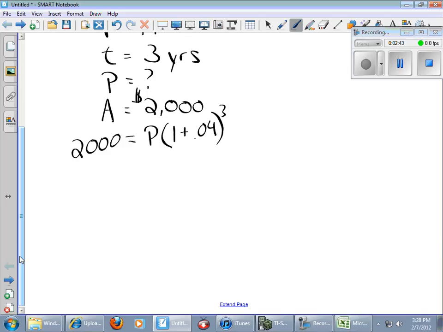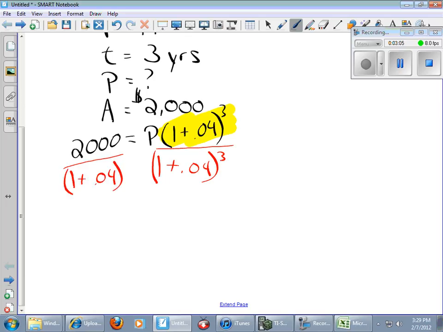I have this big, ugly number attached to P by multiplication. To undo that, I'm going to divide each side by that big, ugly number, 1.04 as a quantity to the third power. Hopefully it's dawning on you that I could solve this problem in another way.